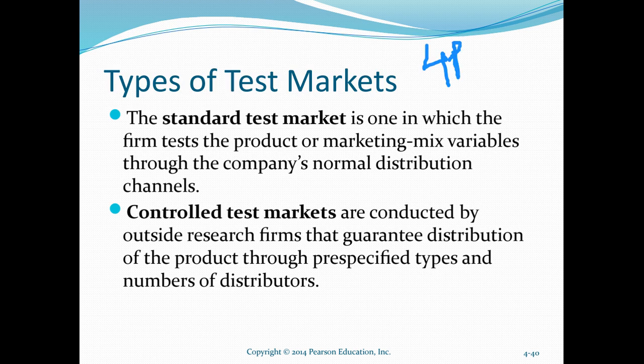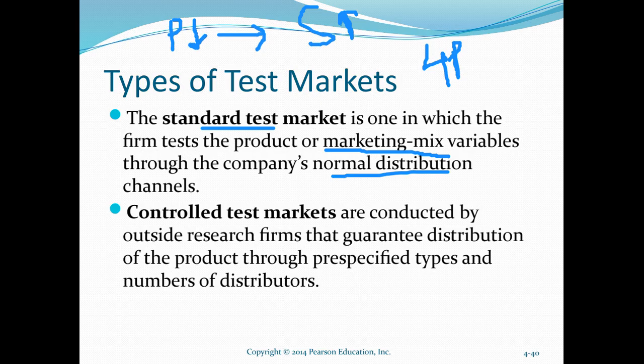So for any effect of changes in these variables, for example if we change the price of a product, put it on discount, we'd like to see its impact on the sales. Does the sales go up or does it go down? So one is the standard test market, in which the firm tests its products through the company's normal distribution channels, and you don't change the market itself.